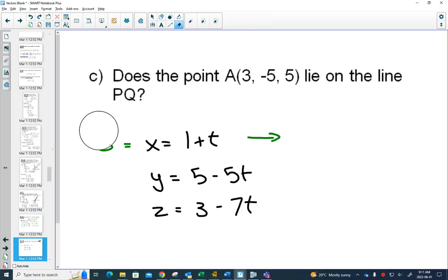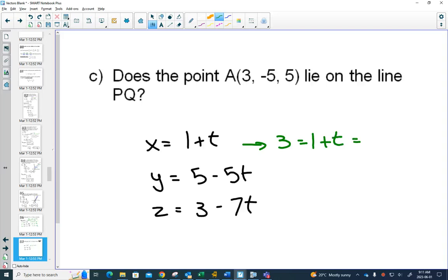Sometimes, for showing my work, I like to draw an arrow. I actually plug in 3. This might be nice in your notes, because then you can actually see what you did. Can you see that t would equal 2?